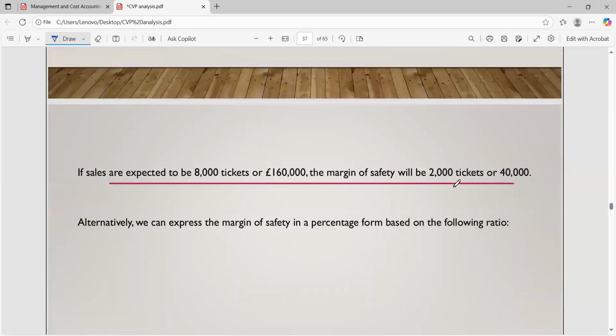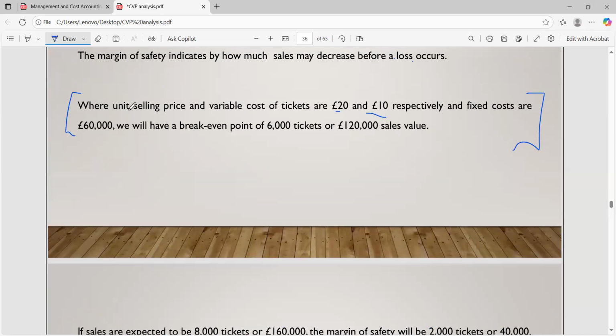Okay, so let's read the question. It says, where the unit selling price and variable cost of a ticket are £20 and £10 respectively, and fixed costs are £60,000, we will have a break-even at a point of 6,000 tickets or 120,000 sales value. Do you agree? So fixed cost is 60,000.